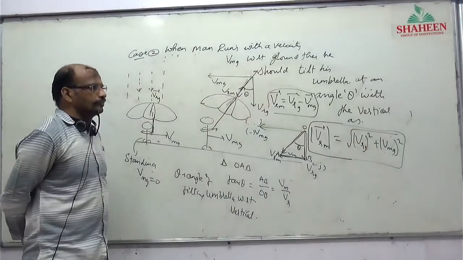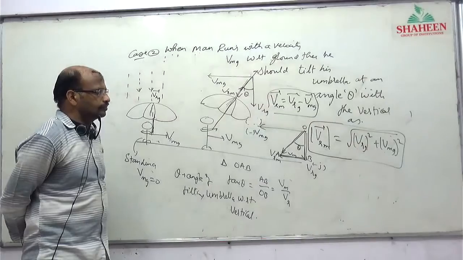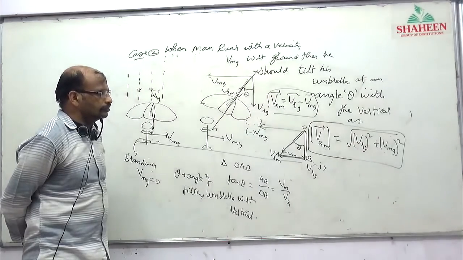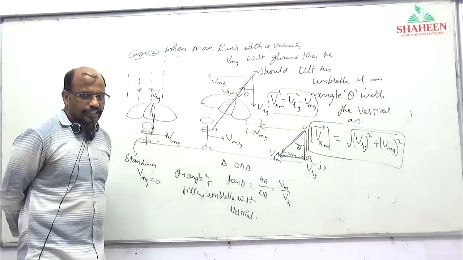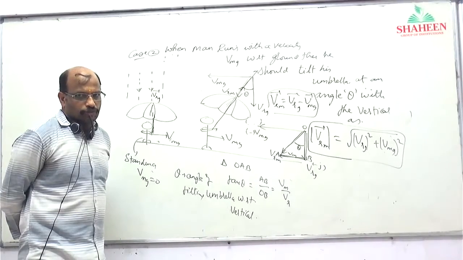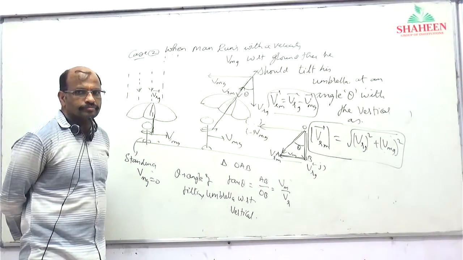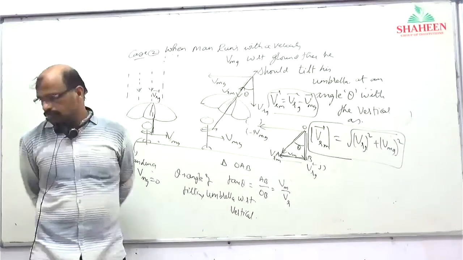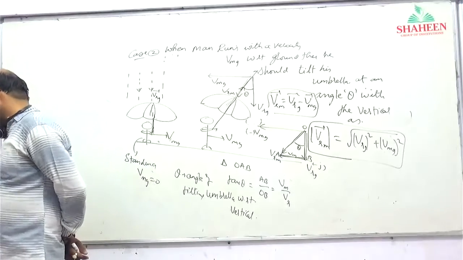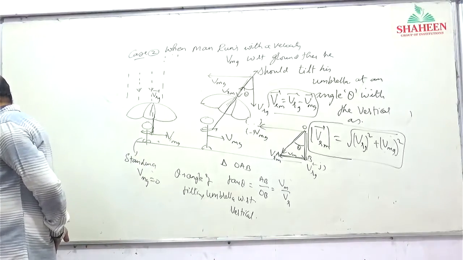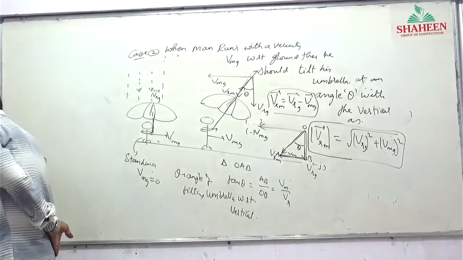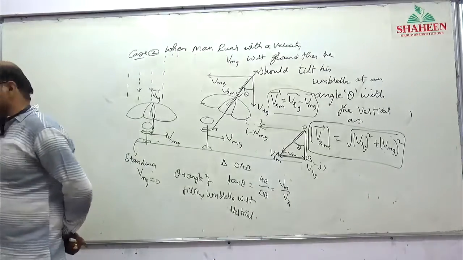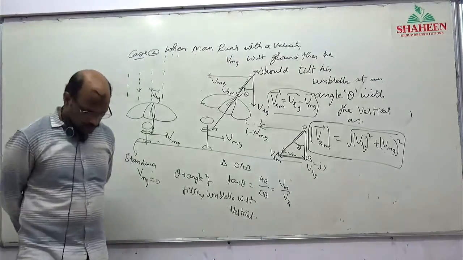Is it clear? Vector diagram should be understood, otherwise nothing will be understood. Magnitude also I found out, ma.